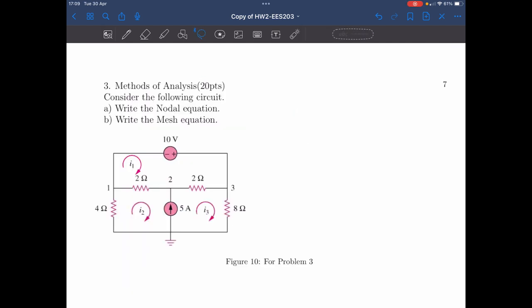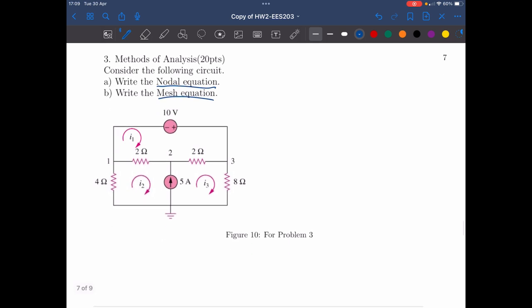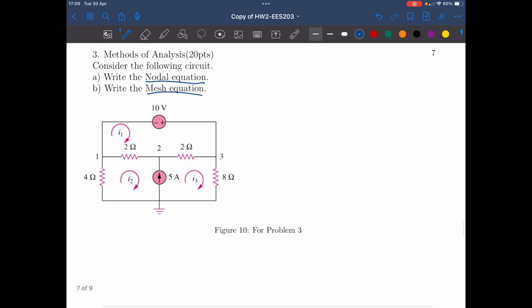In this question 3, we want to solve this following circuit in two methods, one using the nodal analysis, and the other using the mesh analysis. So it's going to be long in this video, but if you follow through these steps, I assure you that it's going to be easy enough.